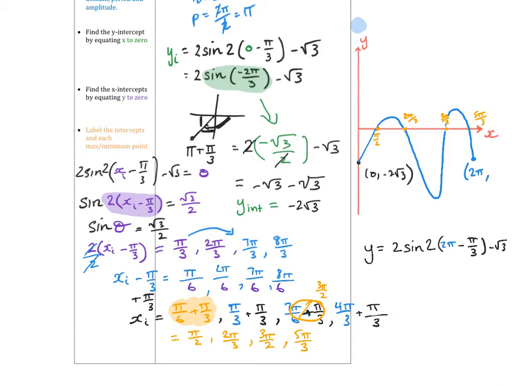And 2 pi minus pi on 3, if we think about that's just really a negative quadrant. But again, that 2 pi can be treated like 0, and we might realise that we've already done this. It's over here. So it's just a matter of repeating that point as we know it to be negative 2 root 3.